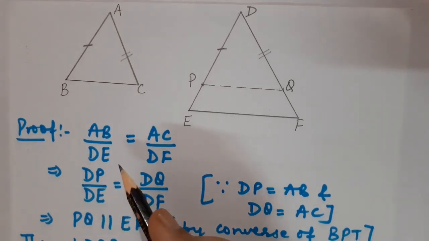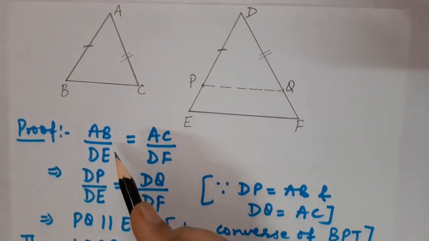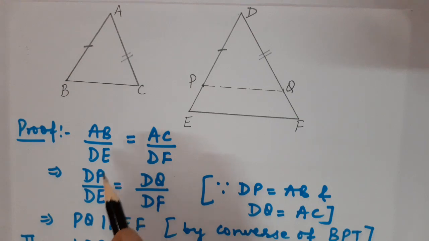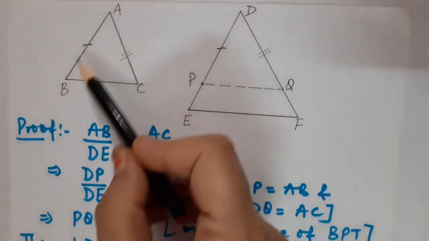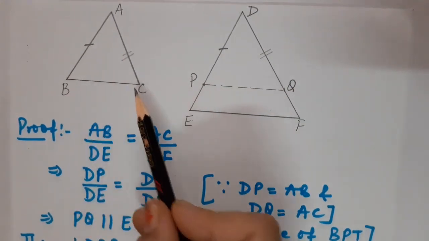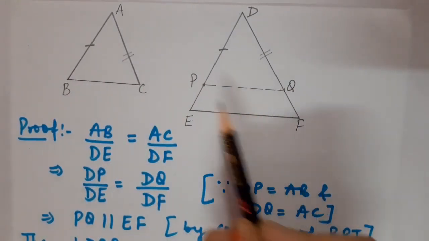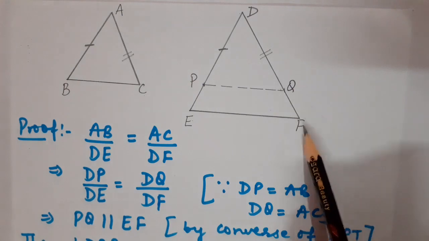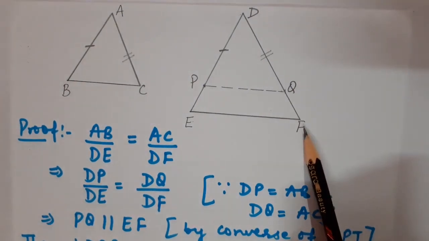What has been given to us? We have the ratio of the corresponding sides given, that is AB upon DE is equal to BC upon EF is equal to CA upon DF. This has been given to us.